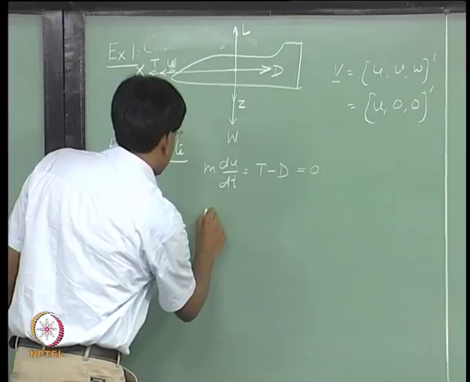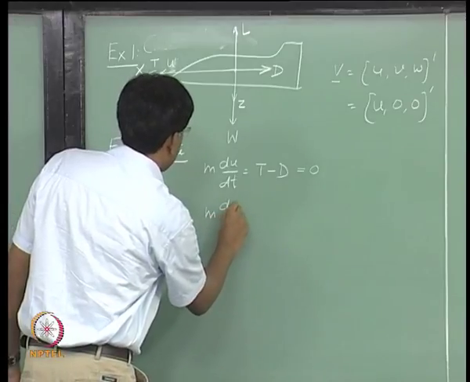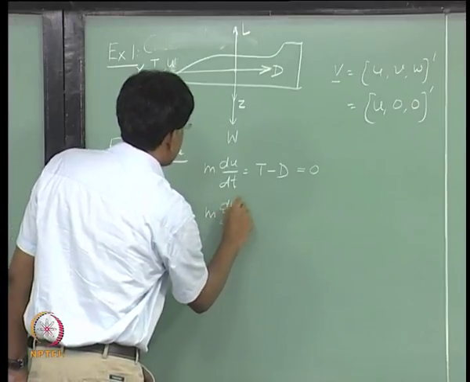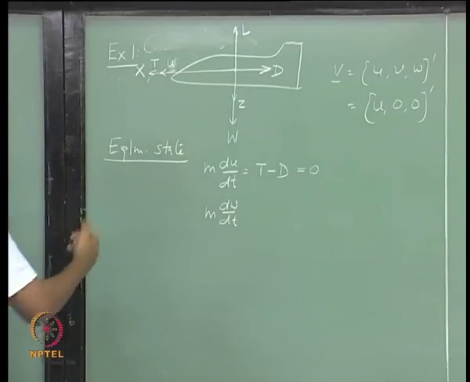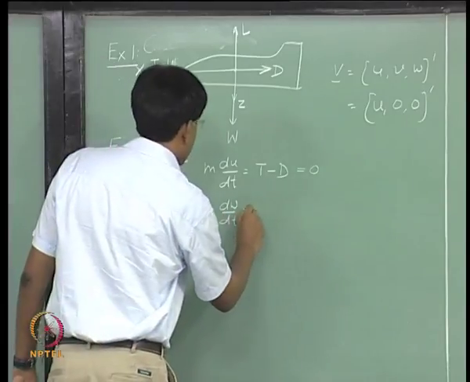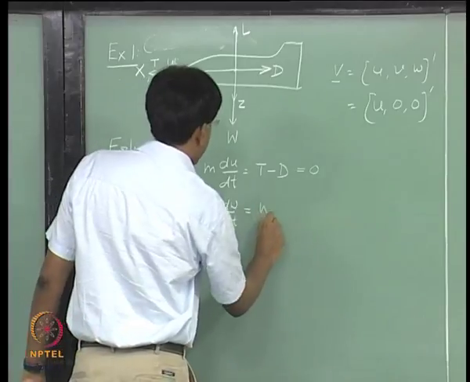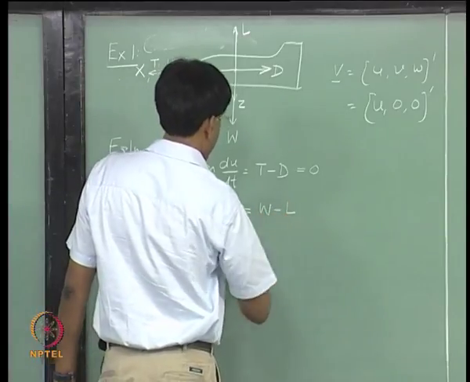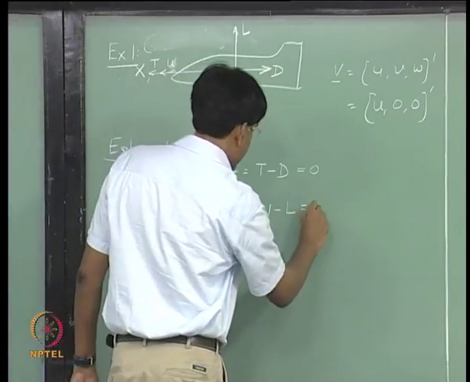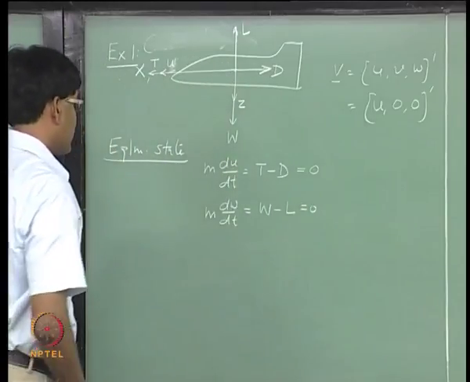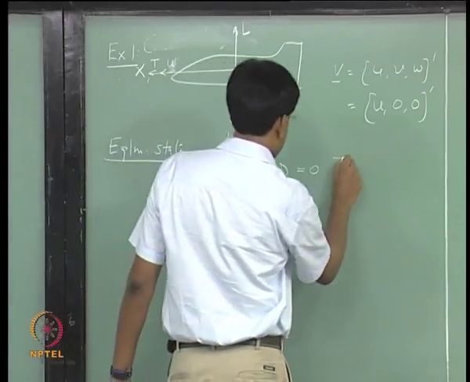In the z direction, similarly you have, where w is the velocity of the aircraft in the z direction, and this also has to be set to 0 to get the equilibrium condition.